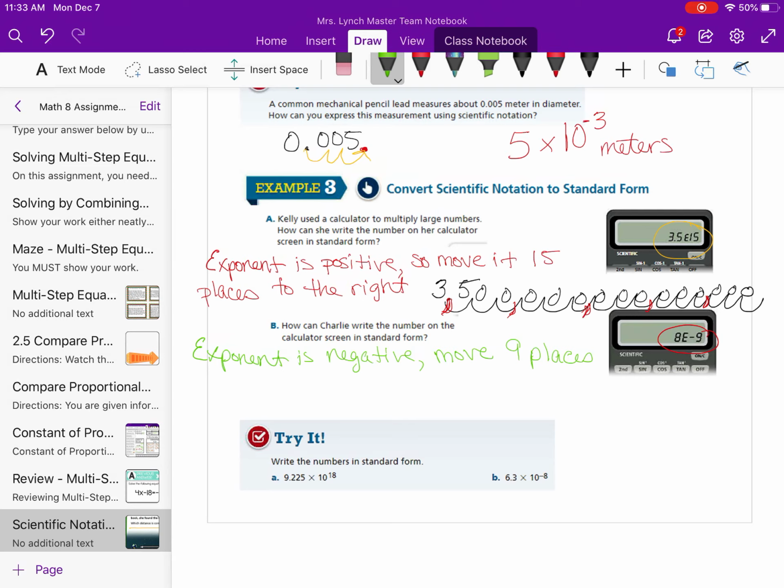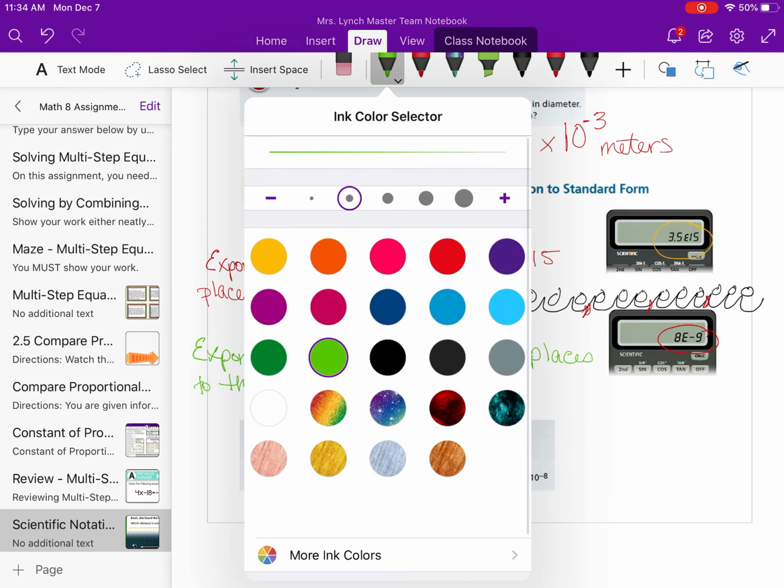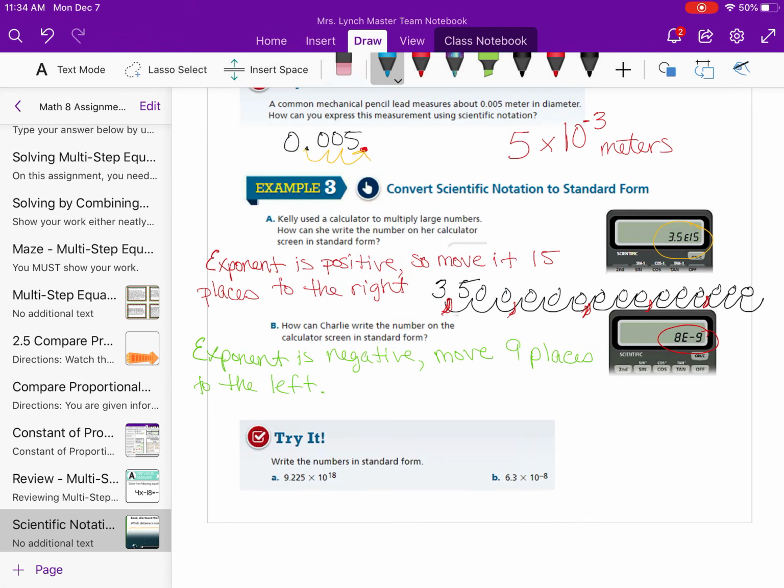So we're going to move it 9 places, but since it's negative, to the left. So if anyone ever gets confused, this is the part where people get confused, I've noticed. So pay attention to what's about to happen.